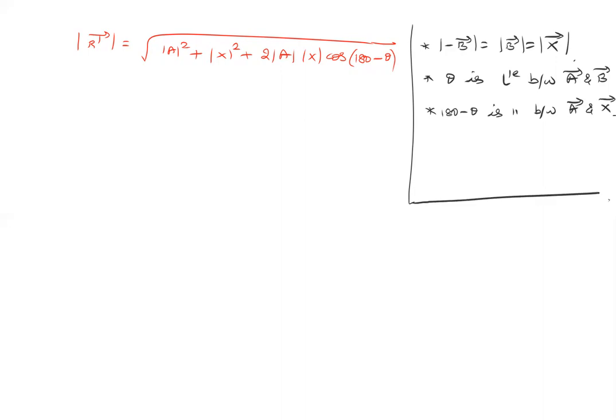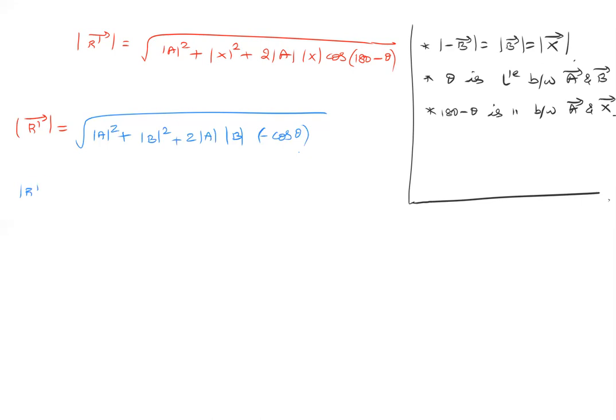So the magnitude of resultant is under root mod a square plus mod b square plus 2 mod a mod b into cos of 180 minus theta, which is minus cos theta.